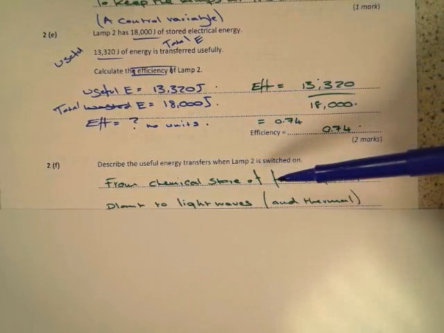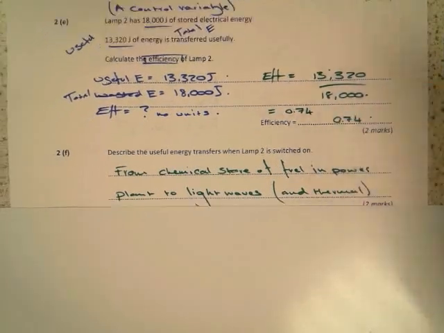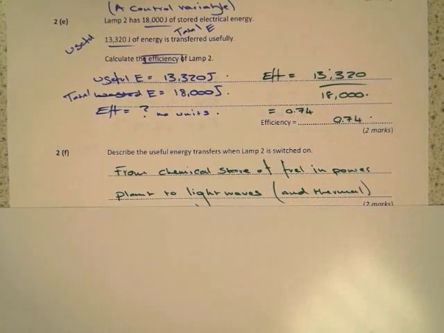So the initial is going to be the chemical store of the fuel in the power station, because all our electricity, or the vast majority of it, comes from power stations which are burning fossil fuels to transfer energy into thermal energy stores of water. They then boil that water.